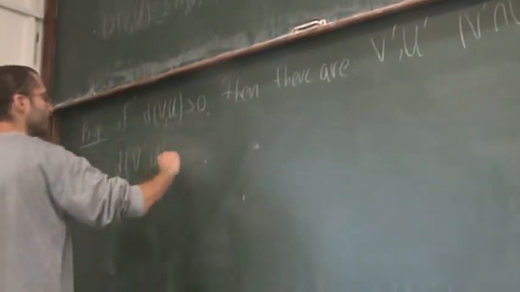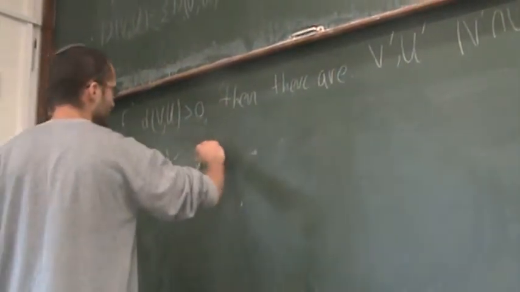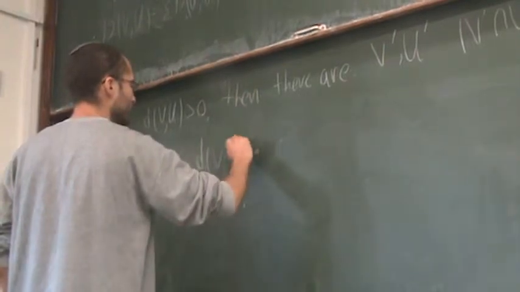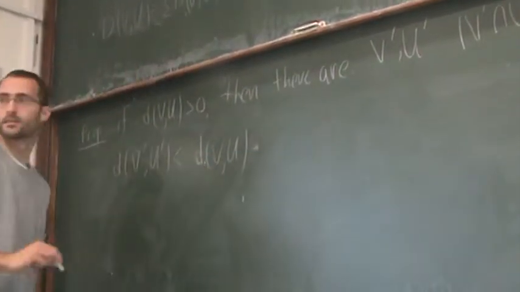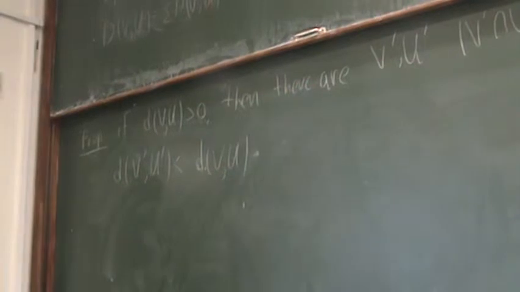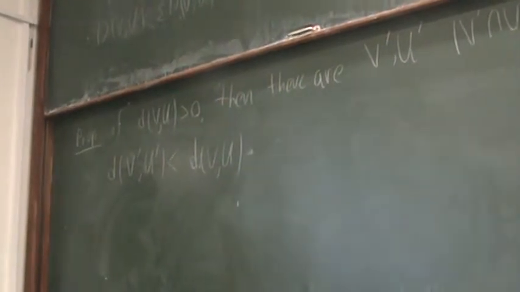And the distance becomes small. Okay. V prime and U prime are two chambers.